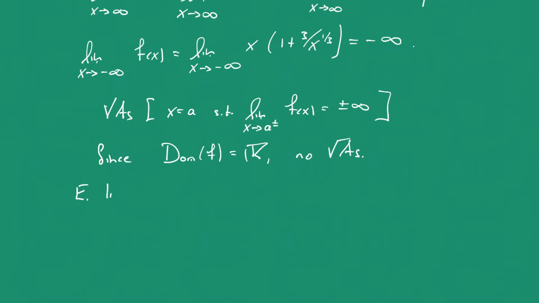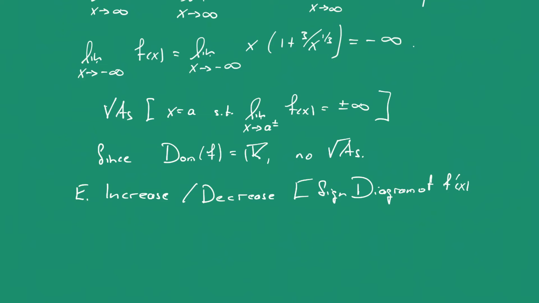Next thing we look for are intervals of increase and decrease. Where is our function increasing and decreasing? For that, we look at the sign diagram of f prime of x. All right, so we're looking at the sign diagram of f prime of x to see where f is increasing and decreasing.